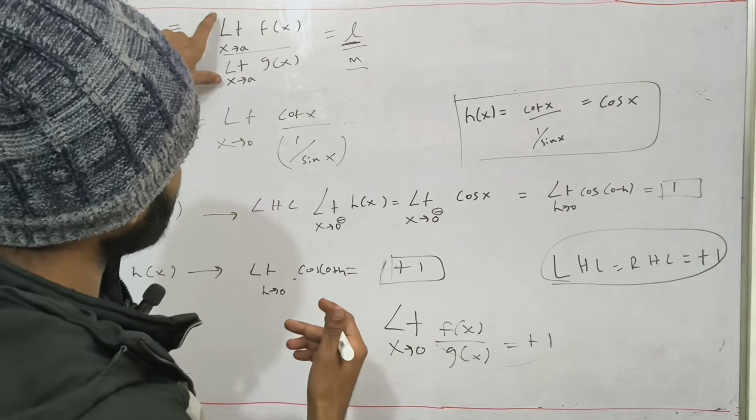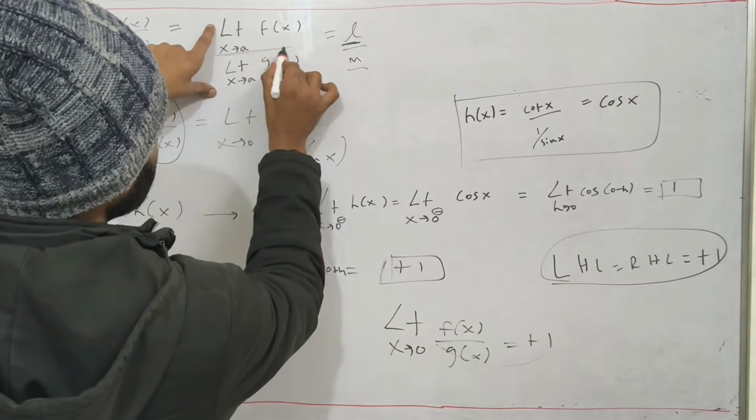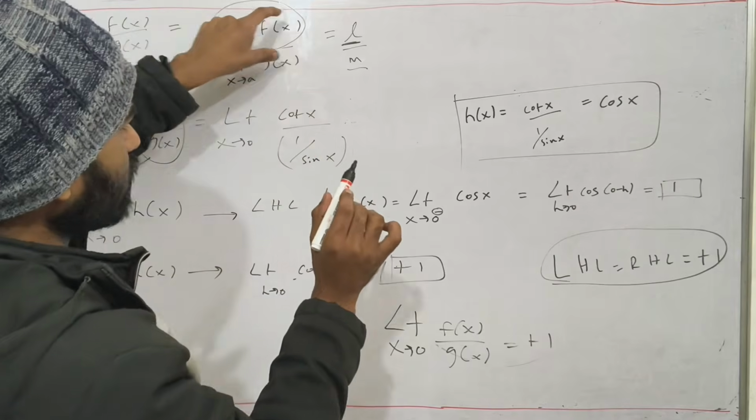Here, when you are using this formula and the limit exists, you are finding a complete limit, and you are getting some value.